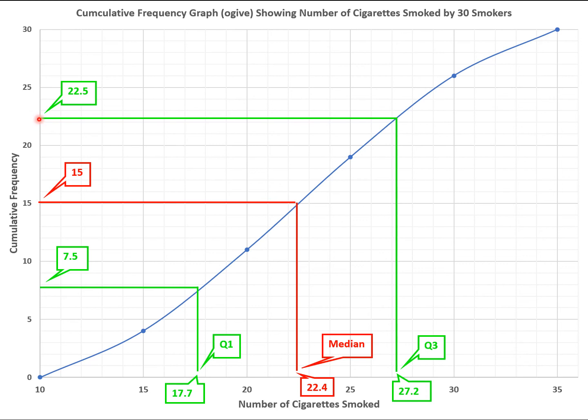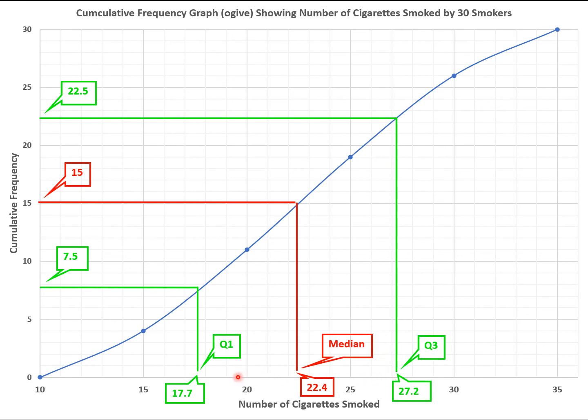So locate that on your graph, and you go across until we meet our graph, and we go down onto the x-axis, and this is our value here. So our third quartile is 27.2. It's marked here.